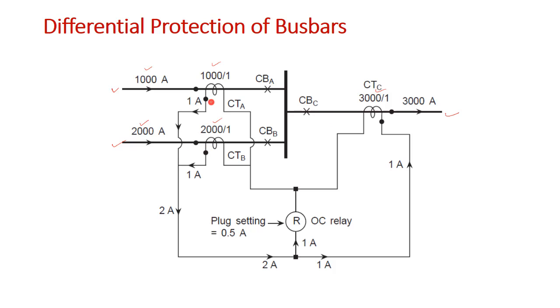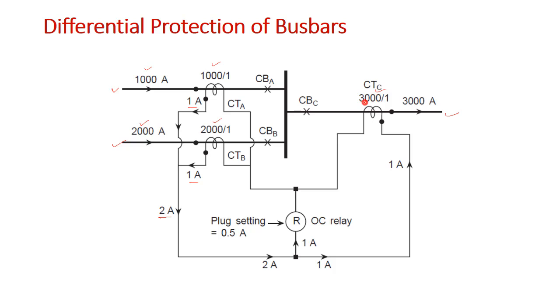Let us see it. With 1000 is to 1, there will be 1 ampere in the secondary of this CT, and here also under normal load condition, with 2000 is to 1, 1 ampere will flow over the secondary side of this CT. So the net current will be 2 ampere.